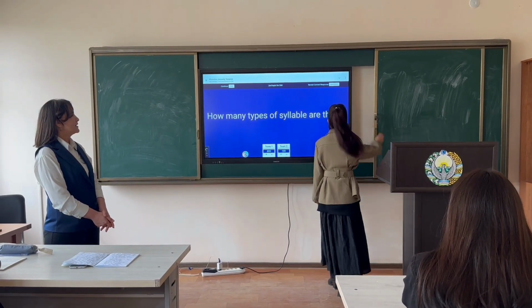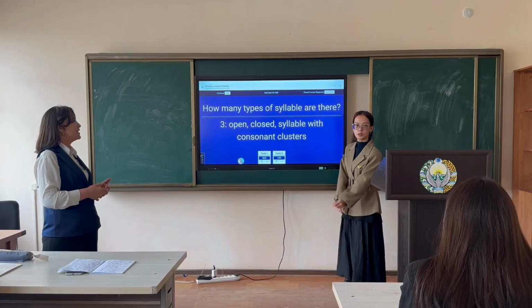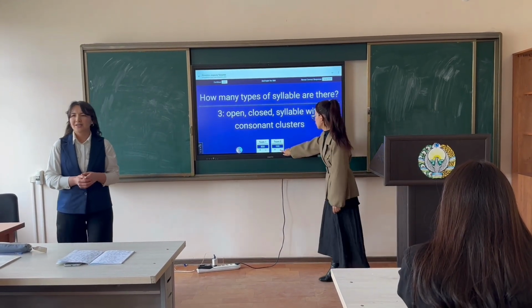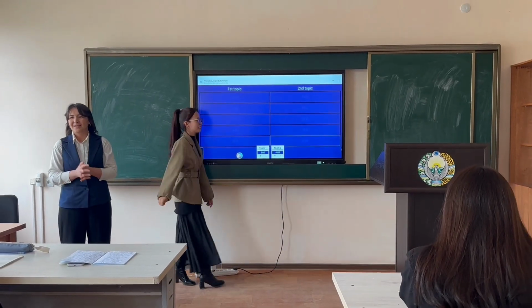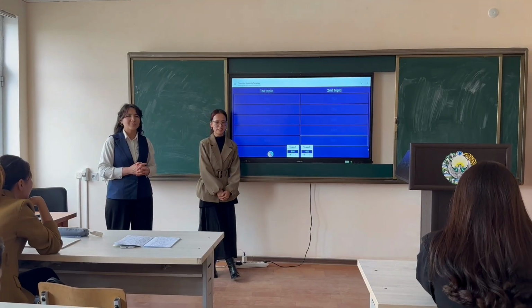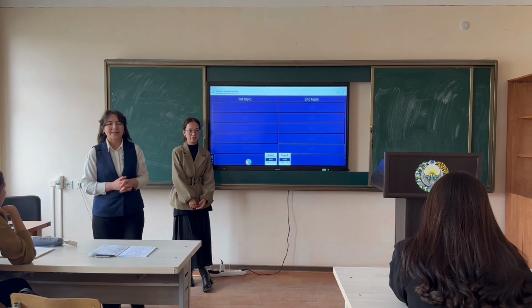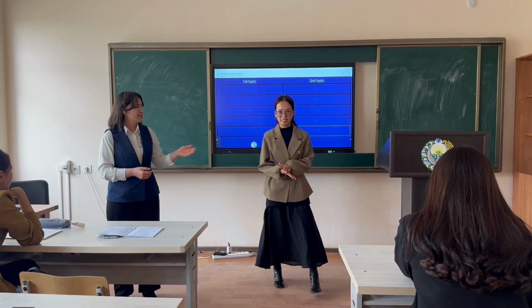Okay. Like 3. Open, closed, syllable with consonant clusters. Okay? The winner is the first group. So, something happened with our second group today, yes? You are too silent today. Okay, good job. Congratulations. Take it.